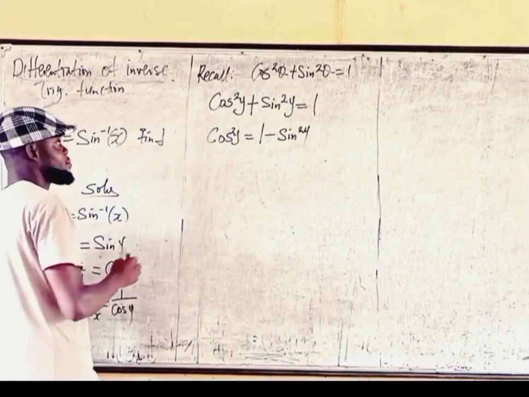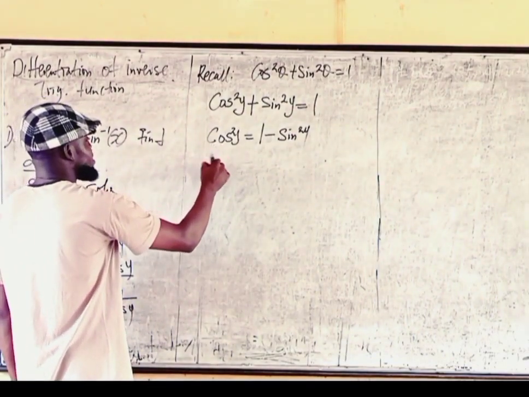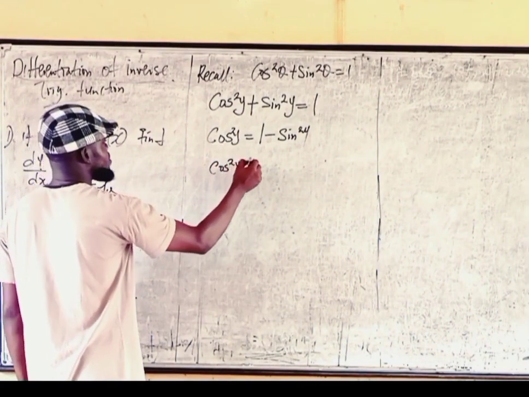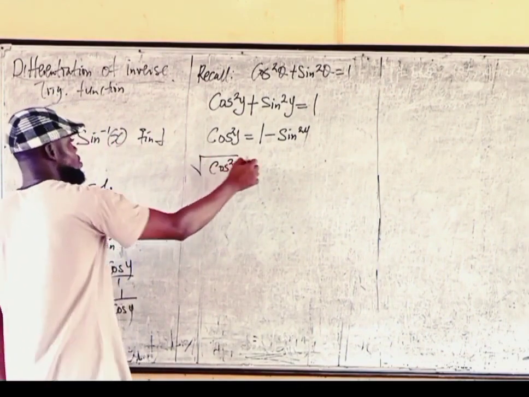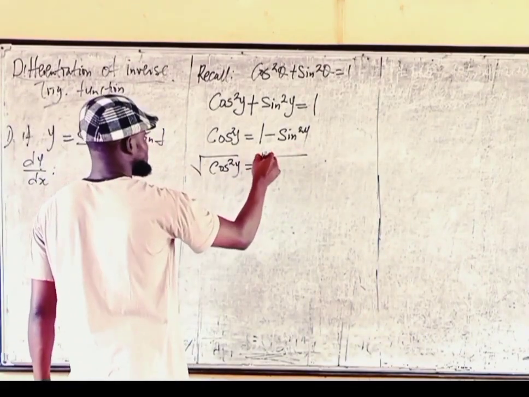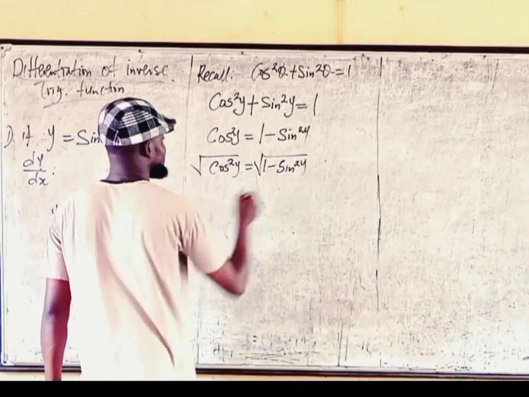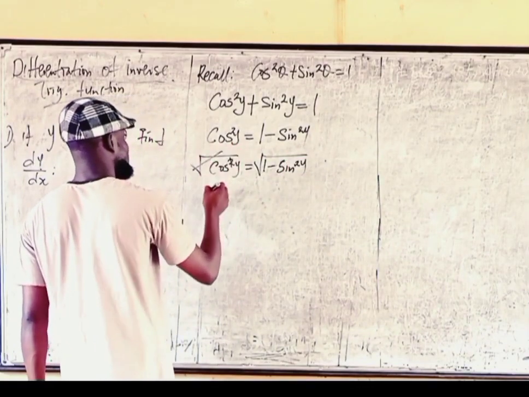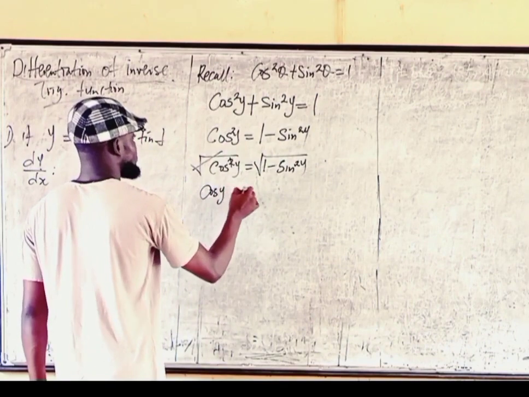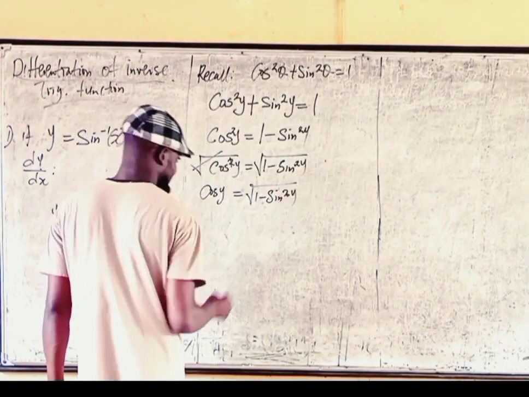Then we take the square root of both sides, so that the square goes and we have cos y, not cos square y. The square root cancels the square. Our cos y will be equal to the square root of 1 minus sine square y.